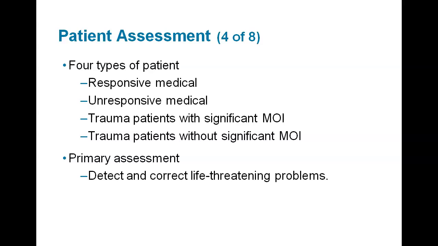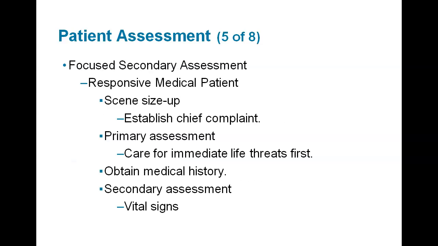All right, so during your primary assessment, this is where you are detecting and correcting any life-threatening problems for that patient. So for the responsive medical patient, you're going to always perform the scene size up first. And during that scene size up, you're going to establish the chief complaint of that patient.